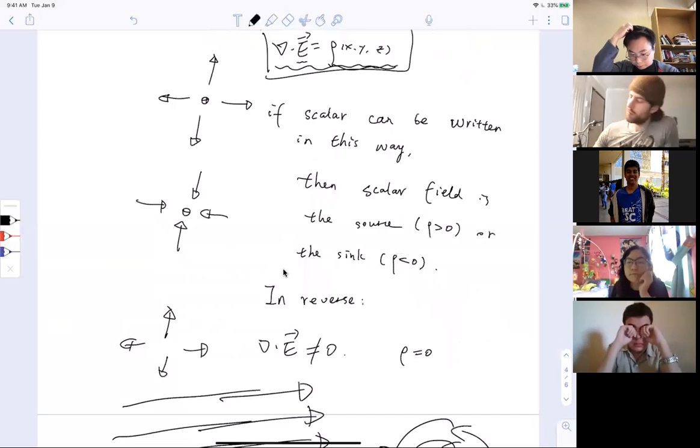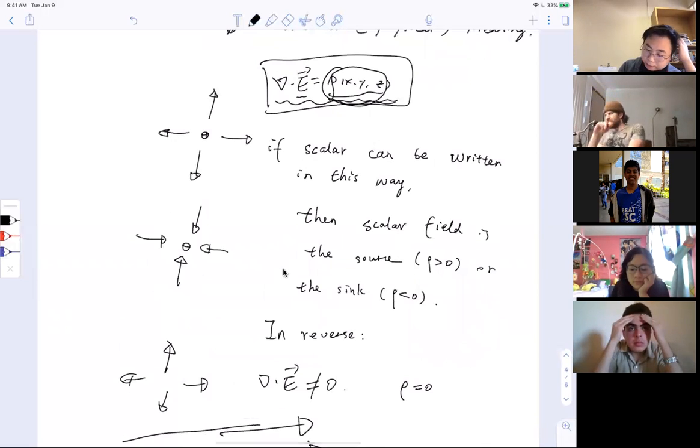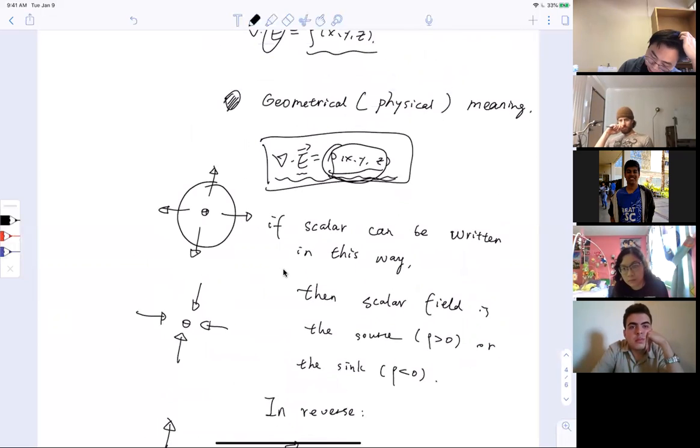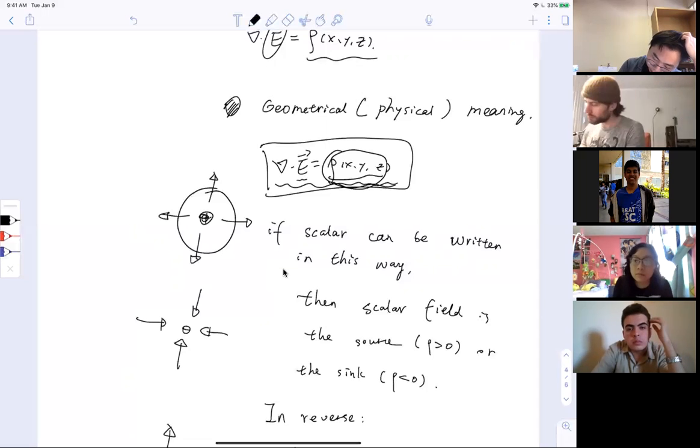Okay, so you can say that this rho is the density, the reason why there's a flux. So there's a relation between this density and the total flux. This is called Gauss theorem or Gauss' law, whatever.